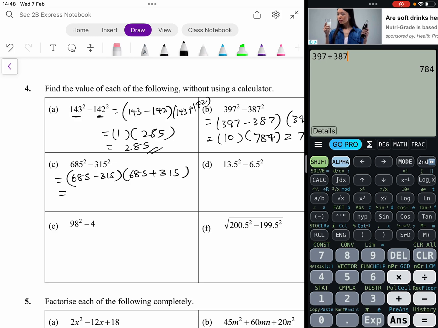Okay, so from here we will get 370 times 1000. Not supposed to use a calculator, but when you say without using a calculator, it just means you need to show full working, right?